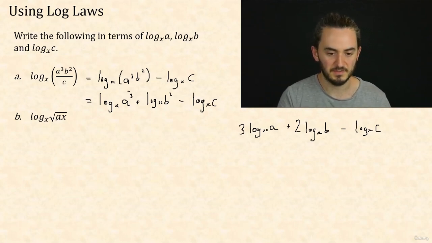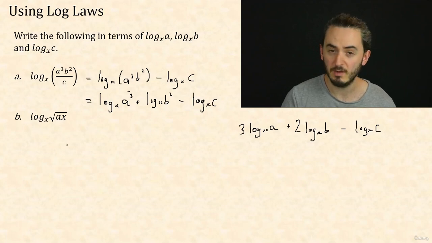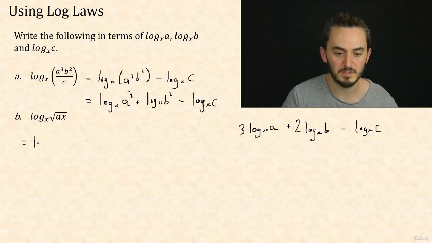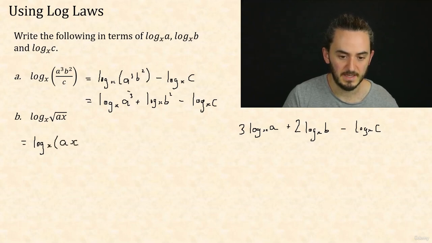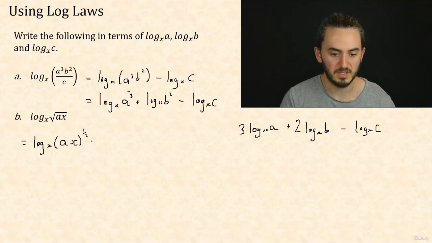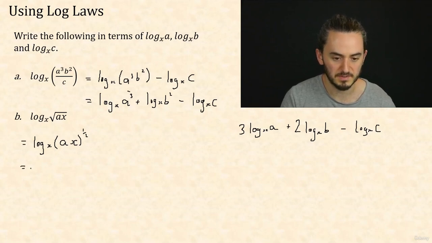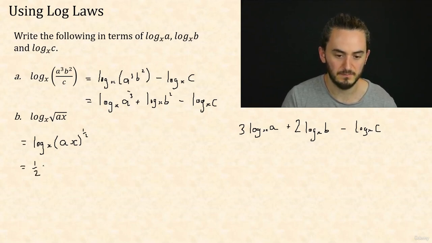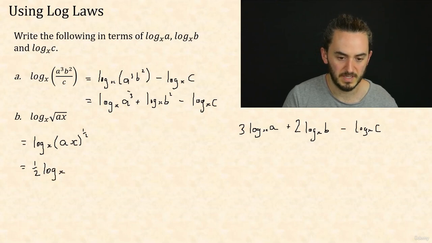Right, log base x of the square root of x. Well, the square root, remember, is a power of a half. So this is the same as log base x of ax to the half. So there are a few things we could do here, but I think what I'm going to suggest is moving this half down to the front. So half of log base x of ax.